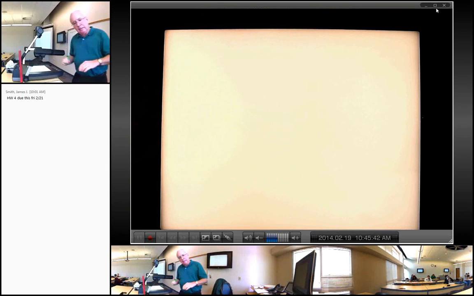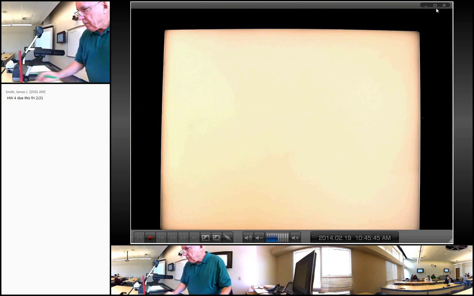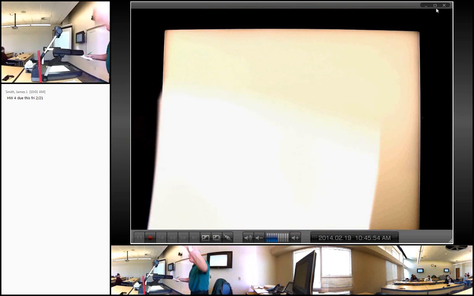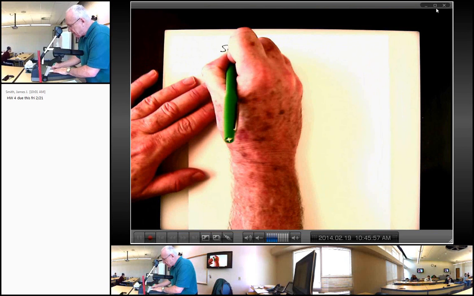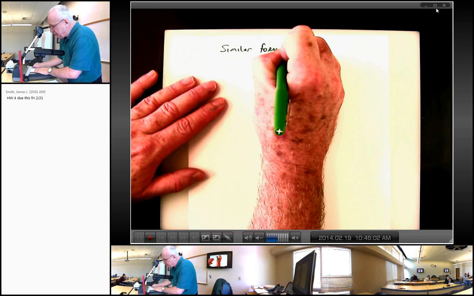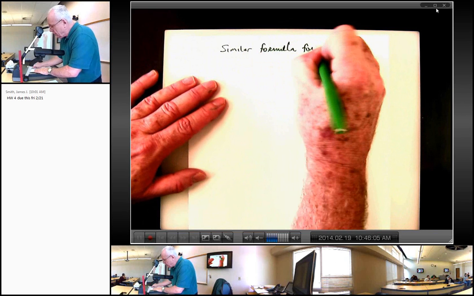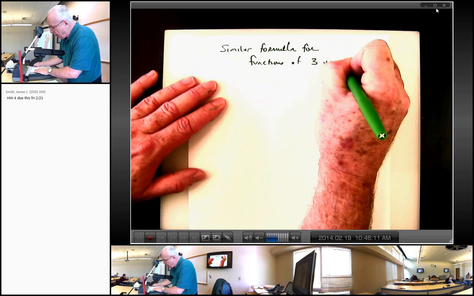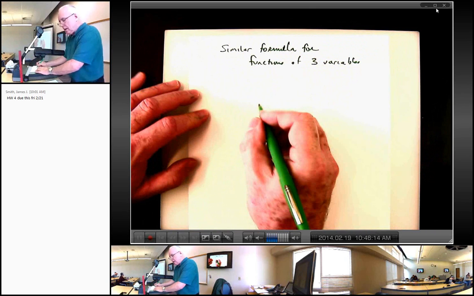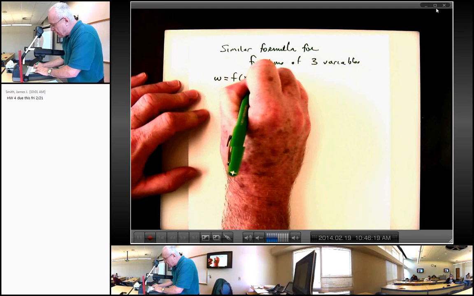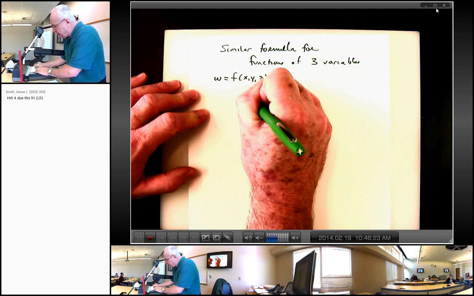Then the other thing here, and this is the last thing in this section, is that we have a similar formula for functions of 3 variables. Let's just look at a function, say, w equals a function of x, y, and z, 3 variables.